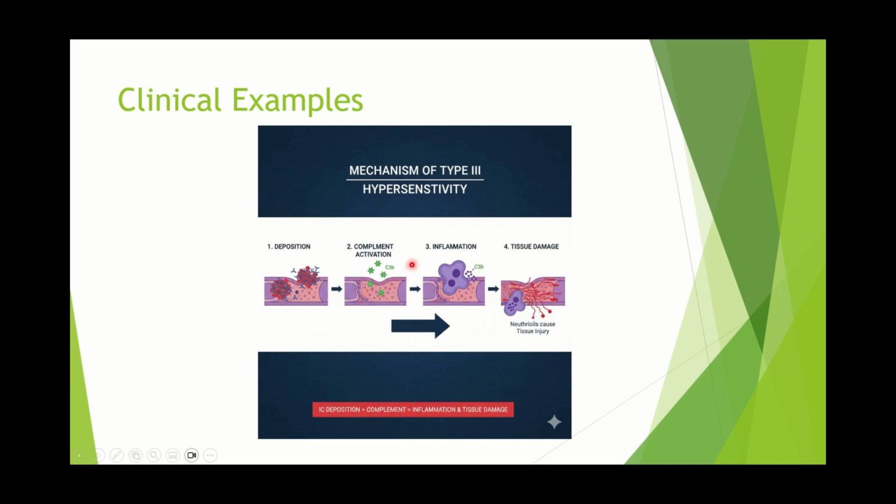This recruits inflammatory cells, specifically neutrophils, to the site. These cells release enzymes that damage the surrounding tissue, leading to inflammation and vasculitis. This is the core mechanism of the disease.